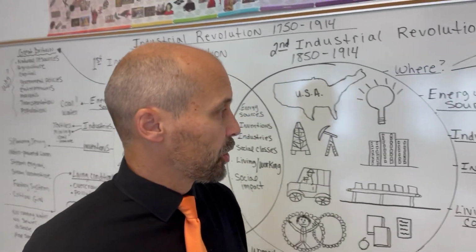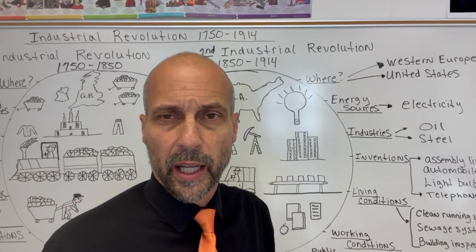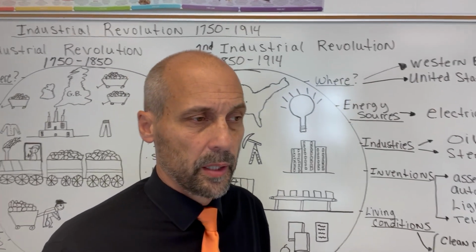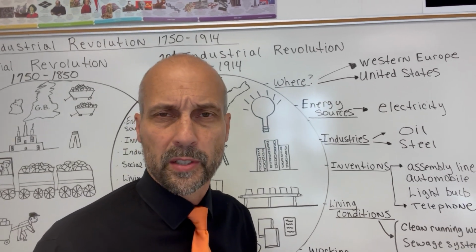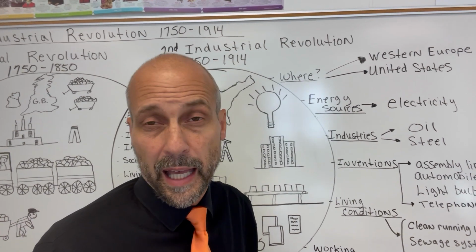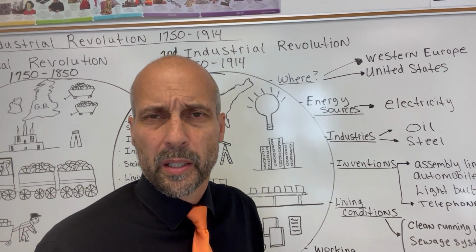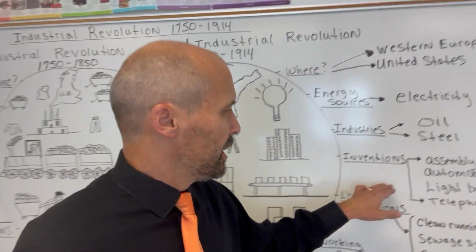The early industries, of course, were oil and steel, and boy, we could make a lot of videos about how much that has changed society, and all the inventions and all the machinery and everything that has happened in cities that have been built, and transportation systems as a result of oil and steel. We also talked about some of the inventions.